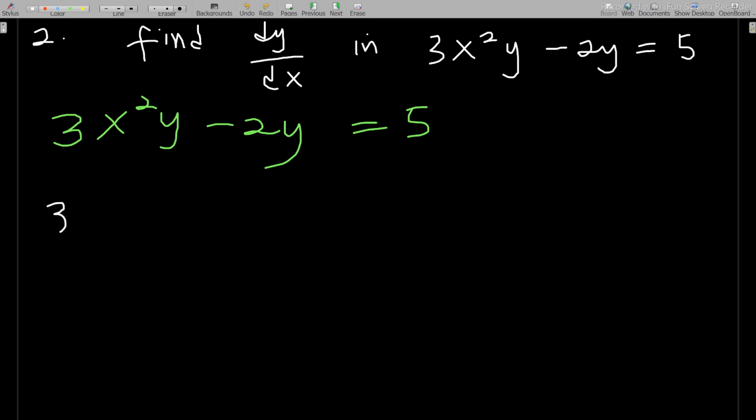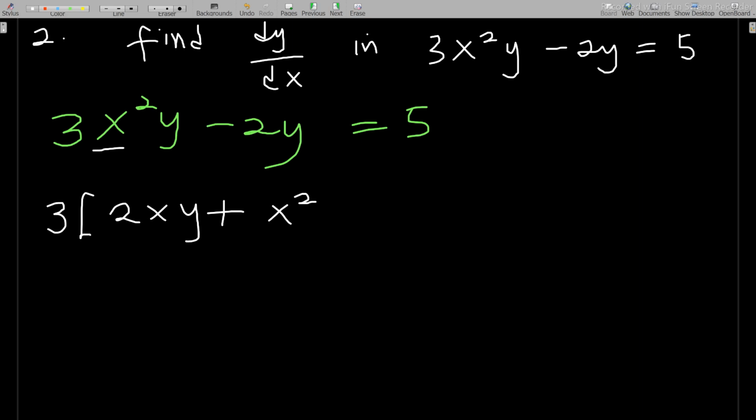So we write 3, then you differentiate x squared y as a product. In the product rule, you first differentiate the first one, which is x squared, and you get 2x, multiply the second function to it, then plus, keeping the x squared, differentiate the next function, which is the y.